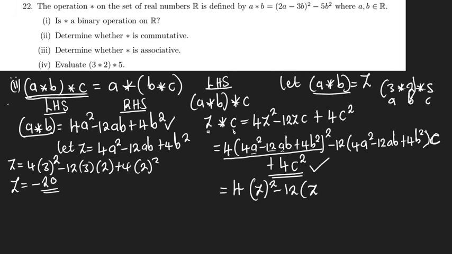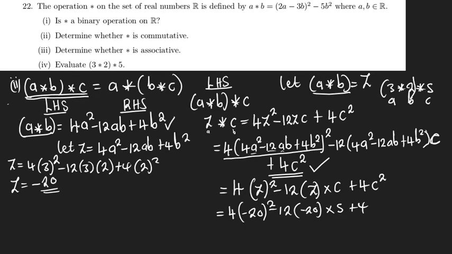Then we put a Z here, then multiplied by C, plus 4C power 2. So we can say 4, where there is Z, I'm going to put negative 20 power 2 minus 12, the negative 20 multiplied by C. What is C? C is a 5, plus 4, C is a 5 power 2. Let's see what we're going to get.